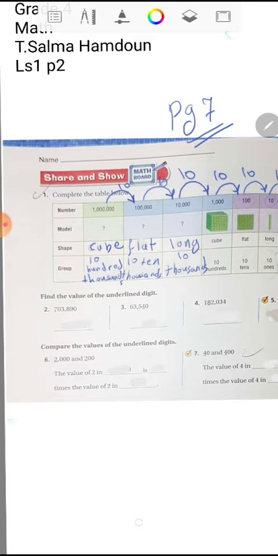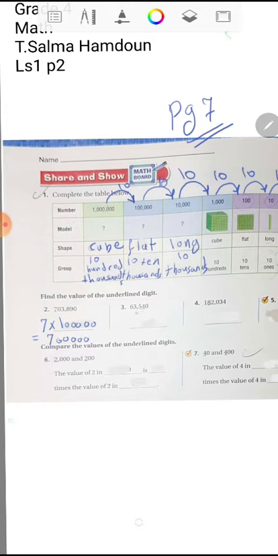You have to multiply the number by 100,000. 1, 2, 3, 4, 5. Okay, if you multiply this 7, the answer will be 700,000. So you will find the value according to its place value or its position.